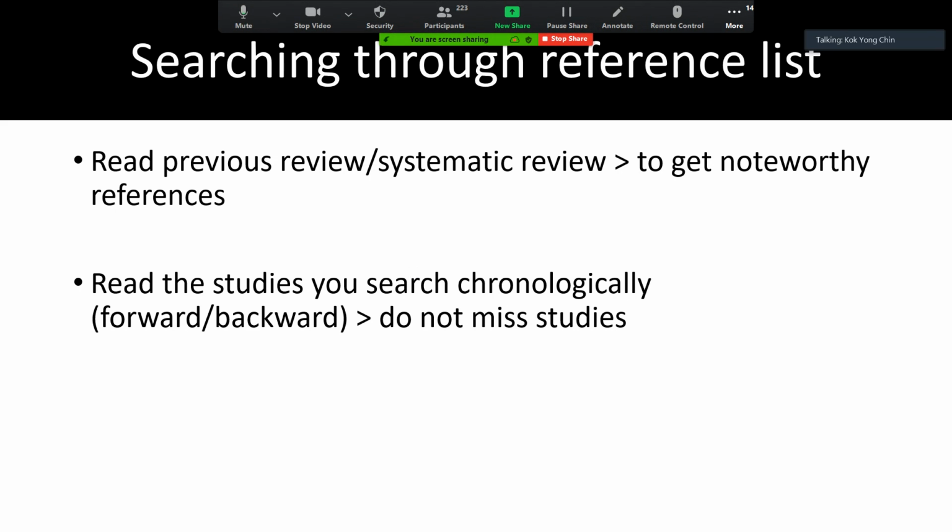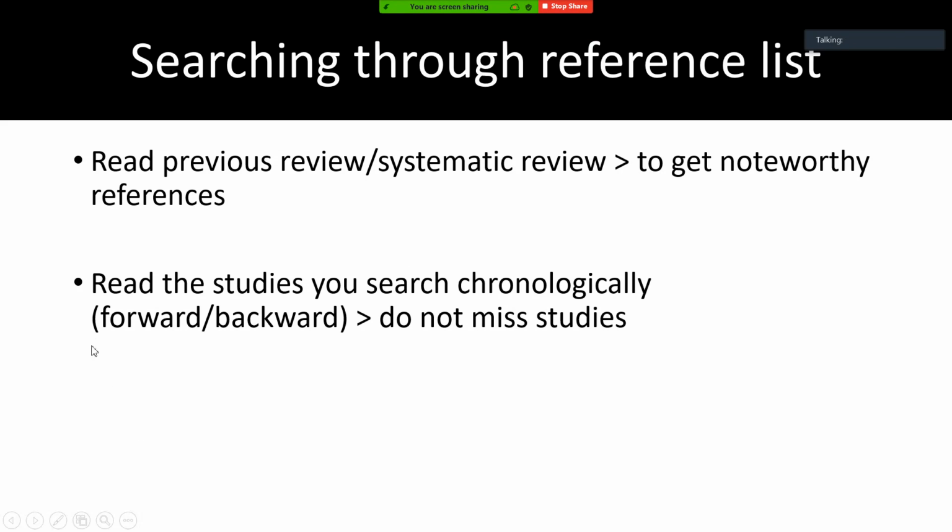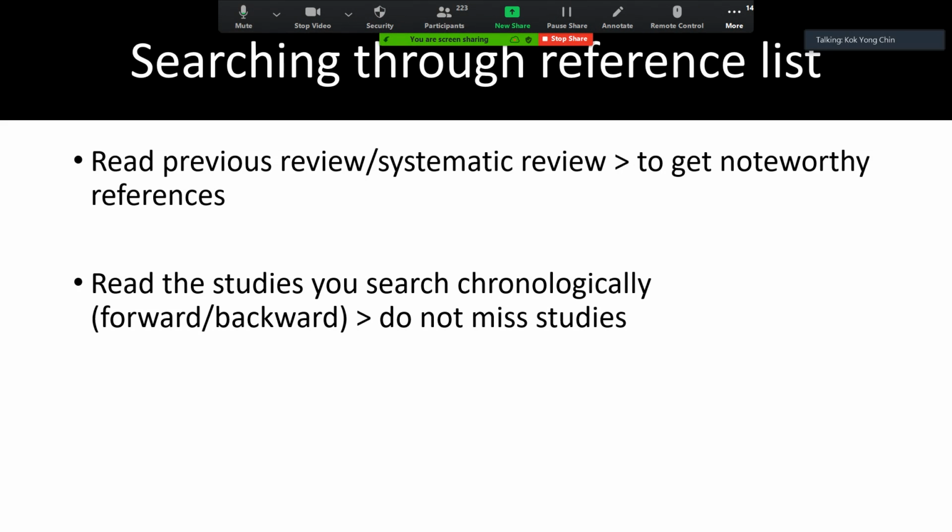and if you already have a search list of key literature, read the studies you searched chronologically, either forward or backward, and look at their references so you will not miss certain studies, because when a study is published, usually you will discuss the previous studies in the discussion and you will cite certain previous references.